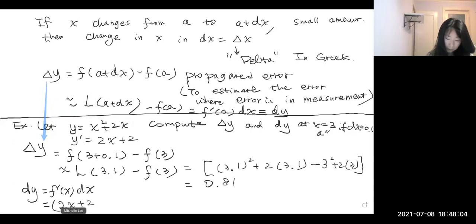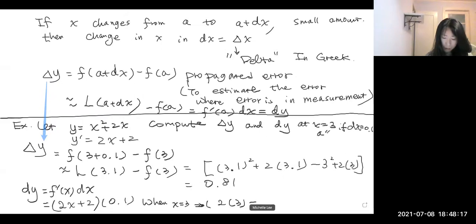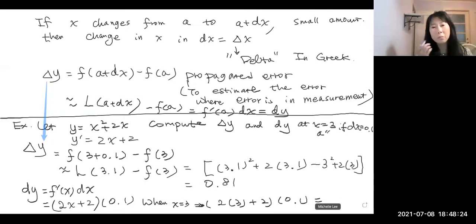So we do when x equals 3: 2 times 3 plus 2, times 0.1. Can you please calculate this one? 0.8. This is also 0.8?